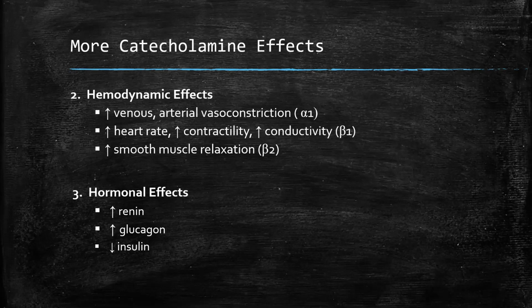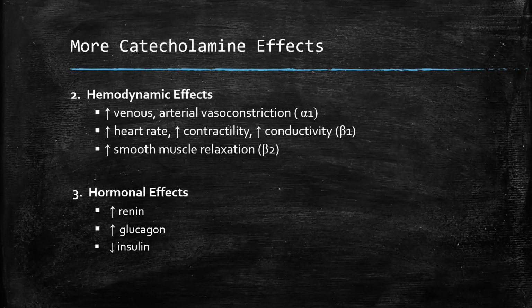Through the beta-1 receptors, catecholamines greatly improve the performance of the heart. So you get a higher heart rate, better contractility, better conductivity. All of this leads to increased cardiac output, which is valuable in the injury setting. Smooth muscle relaxation is mediated through beta-2 receptors.